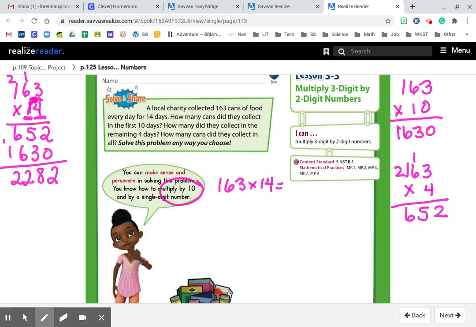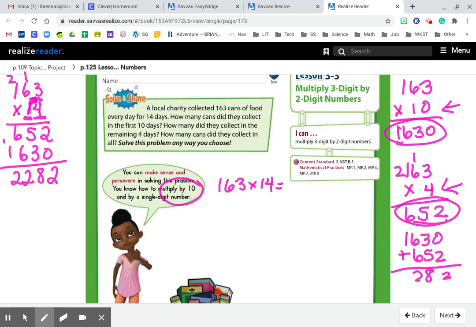I get 2,282. Now let's take a look over here, because if I add this partial product, which is 163 times 10, and this partial product, which is 163 times 4, am I going to get the same answer? And if you look on the other side, you can see the digits are the same, so I am going to get the same answer.